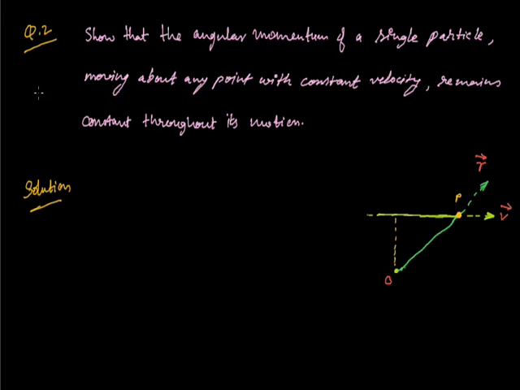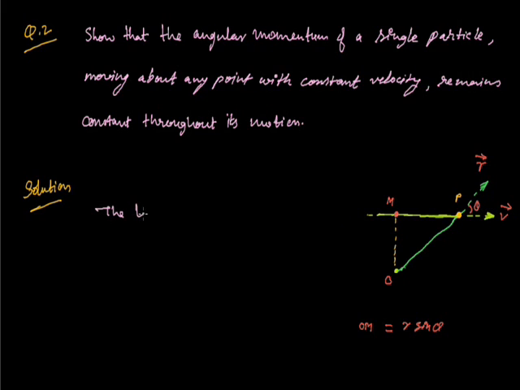The perpendicular distance of the velocity of the particle, which is expressed here by the line OM, that is the perpendicular distance of the velocity direction with respect to the origin, is given by the line OM as r sine theta, where theta is the angle between the position vector and the linear velocity.